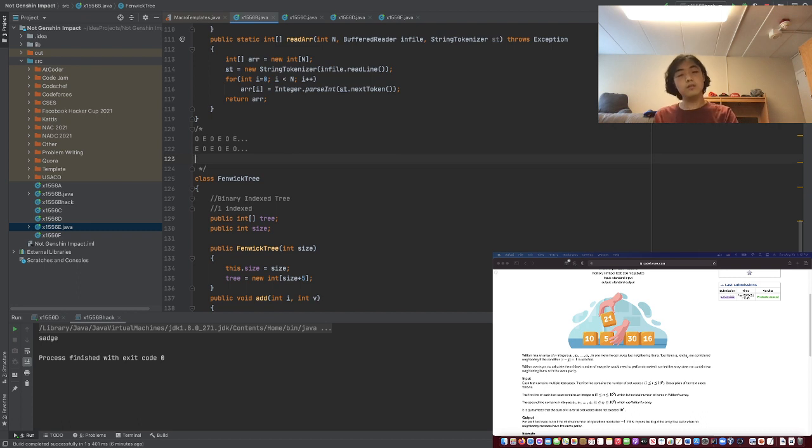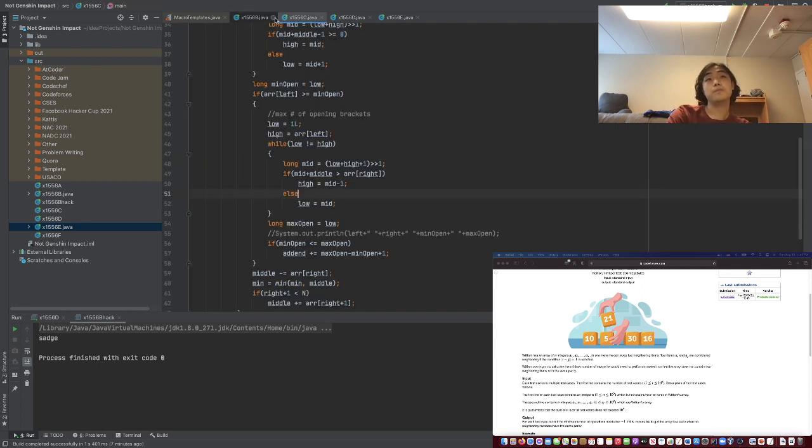You can count how many odd numbers are in the initial input, figure out if it is possible to make this arrangement, and if it is, count how many inversions it takes to get to this arrangement. So yeah, that's basically how I did problem B.